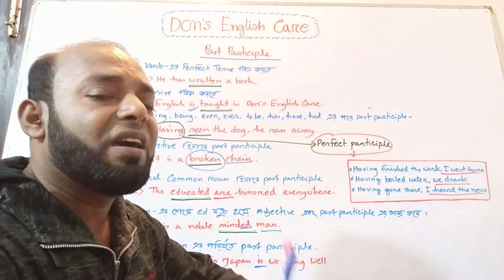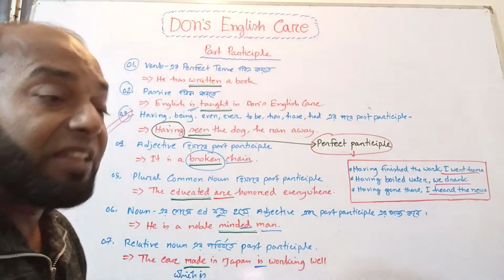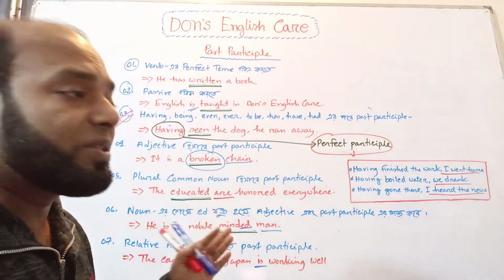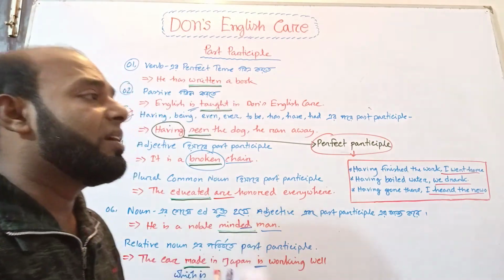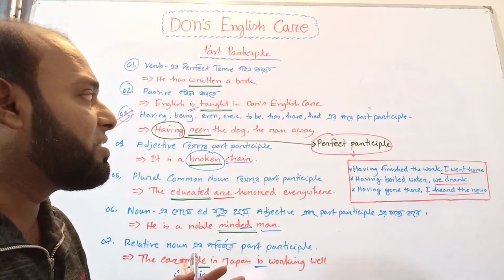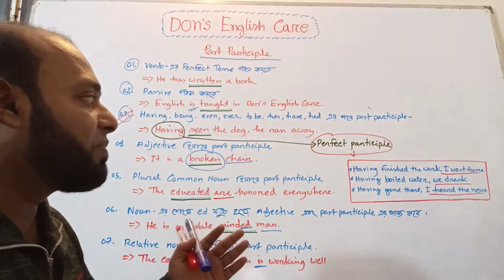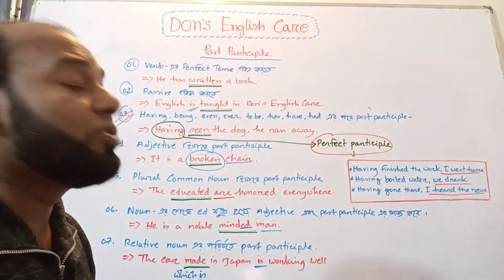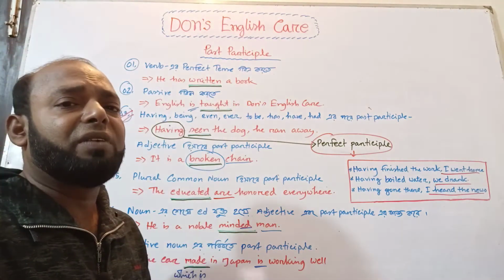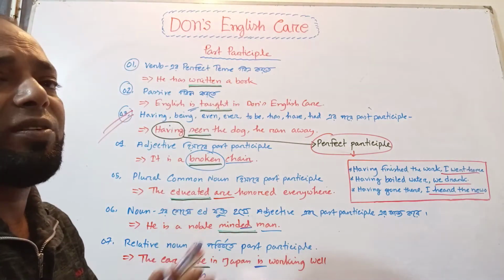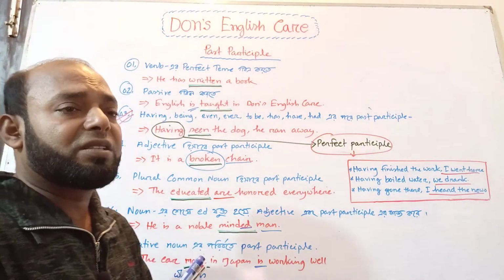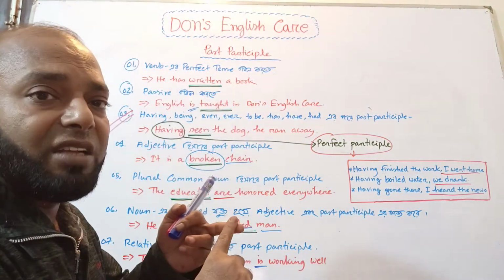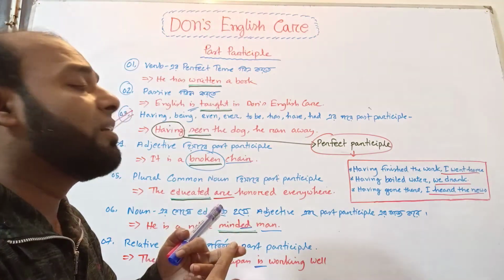But if you'd like to fill in any kinds of gaps, that time we cannot depend on these figures, especially the gerund participle, I mean present participle, past participle, perfect participle. Also we cannot depend on the to infinitive, because non-finite verbs are classified into 3 categories: gerund, participle, or to infinitive.